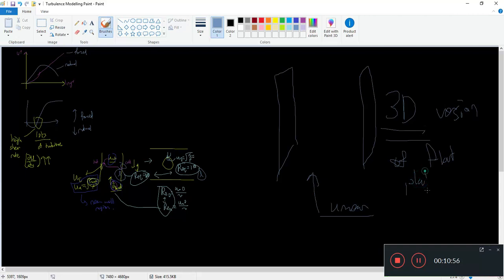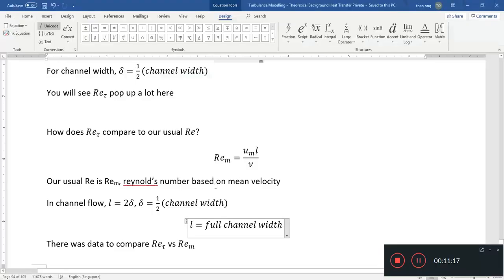Remember, we have a flat plate flow. Normally we simplify that to 2D, but real turbulence is actually in 3D. So we have to simulate 3D flow, for example, for LES or DNS, in order to simulate those turbulent structures, which are in actual fact 3D rather than 2D.